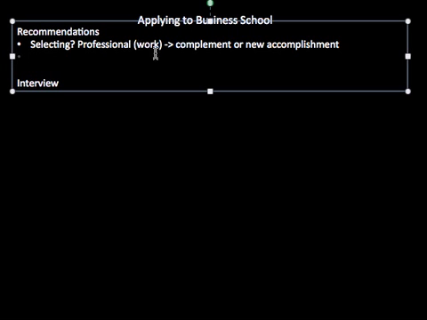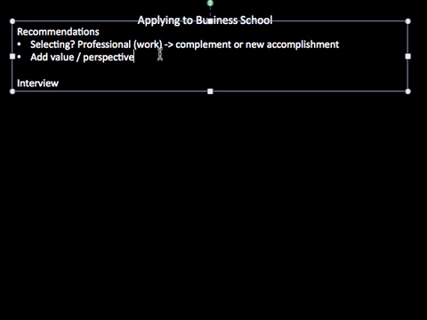Also, you want to make sure that if there is an opportunity to have several recommenders, each recommender will provide a different viewpoint, add perspective is probably a better word.